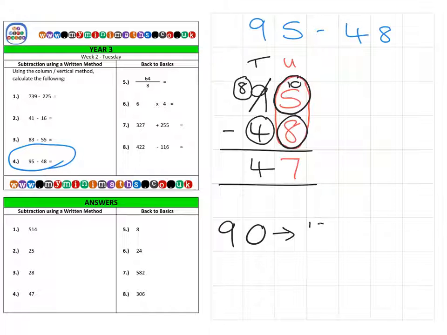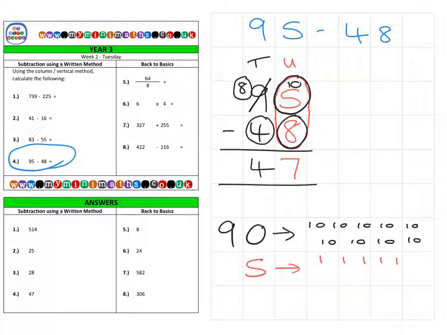into 90. That's 10, 20, 30, 40, 50, 60, 70, 80, 90. And the 5. So that's 5 ones. 1, 2, 3, 4, 5.